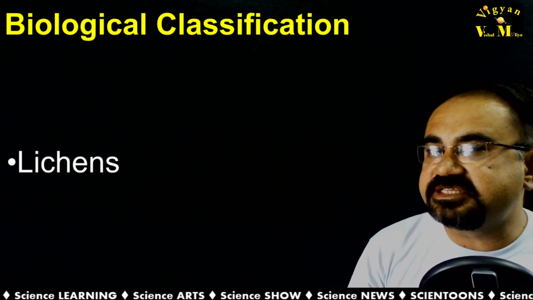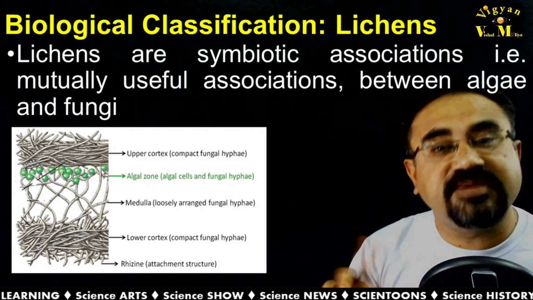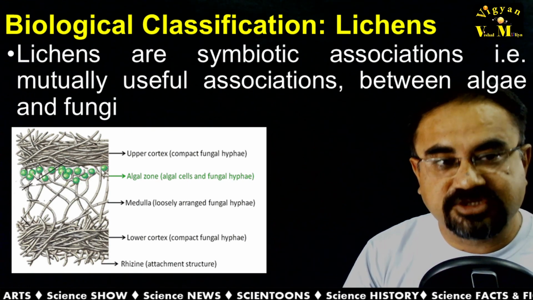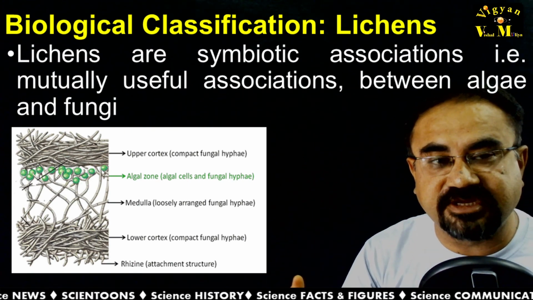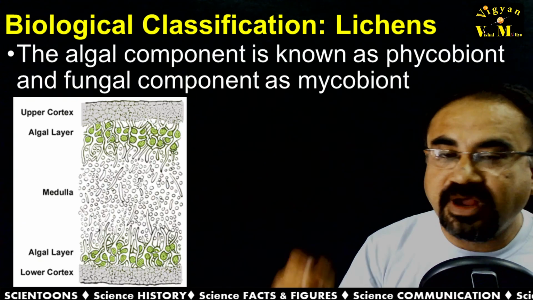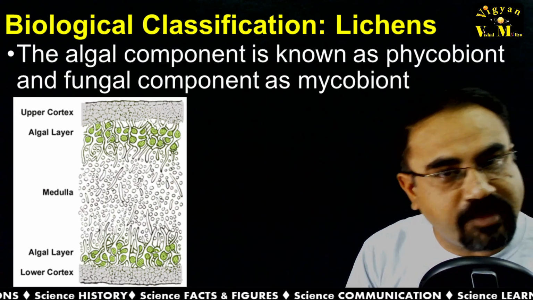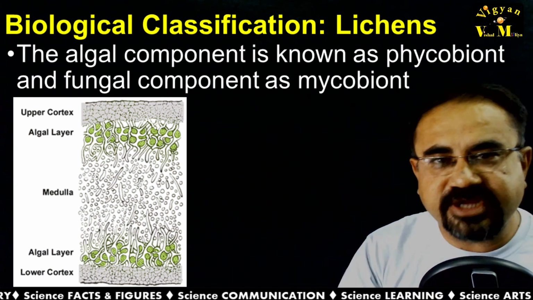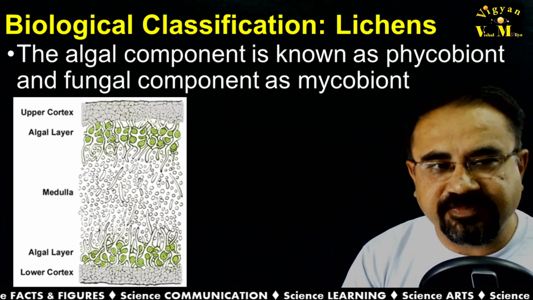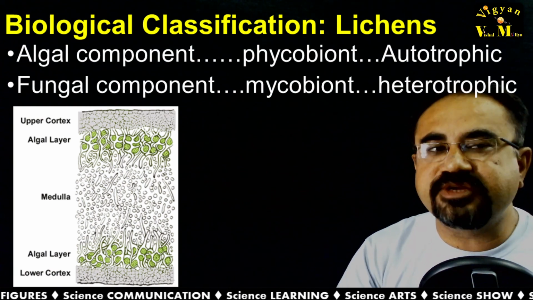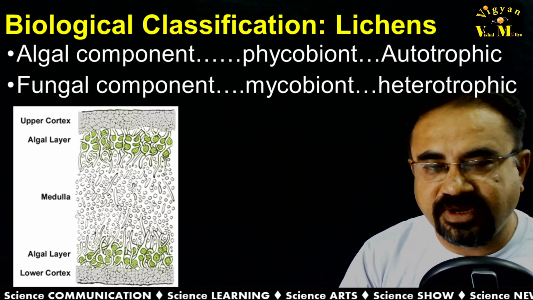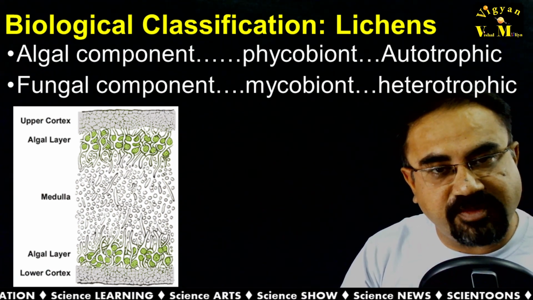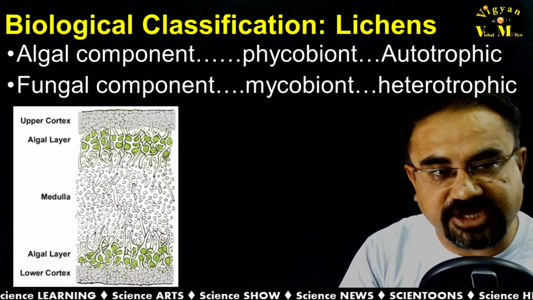The last part is lichens, and lichens are a symbiotic association between algae and fungi. So it is a mutually useful association of algae and fungi. The algal component is known as phycobiont, while the fungal component is known as mycobiont, based on their Latin names. The phycobiont component is autotrophic in nature, while the mycobiont is heterotrophic in nature.